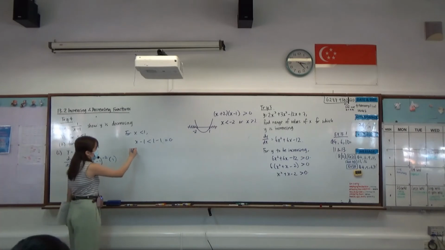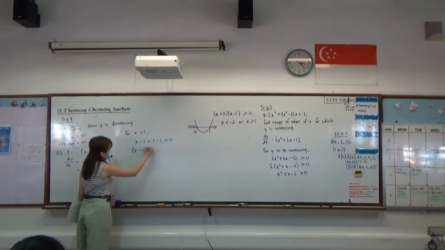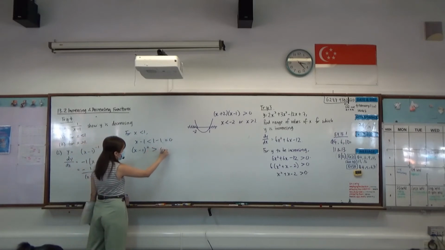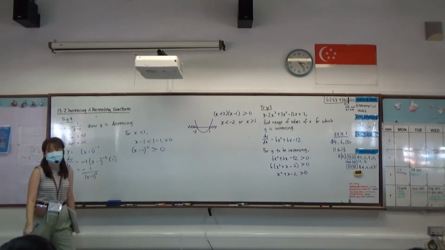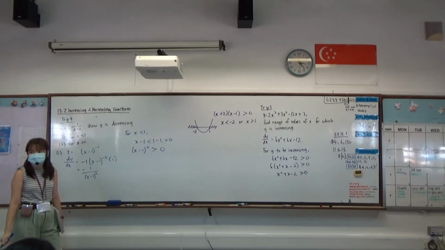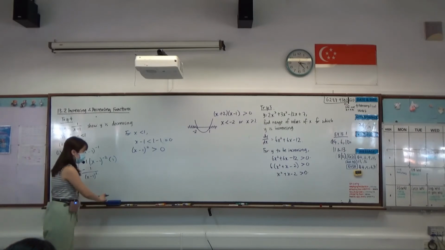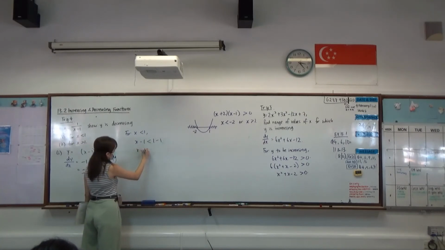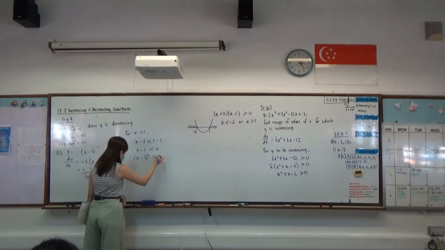But our x minus 1 square will be more than 0. Maybe let me just write this clearer. X minus 1 less than 0, x minus 1 square more than 0.